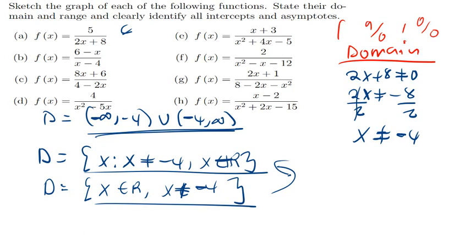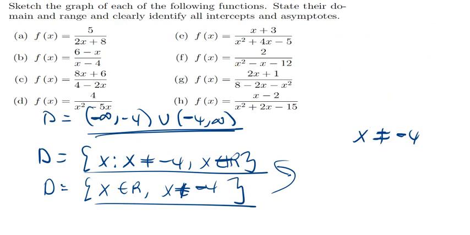So, ladies and gentlemen, this is how we find the domain of any rational function. Without wasting much of your time, let us find the domain of part E. Get the denominator: x squared plus 4x minus 5 not equal to 0.